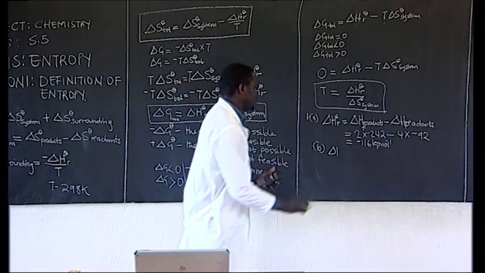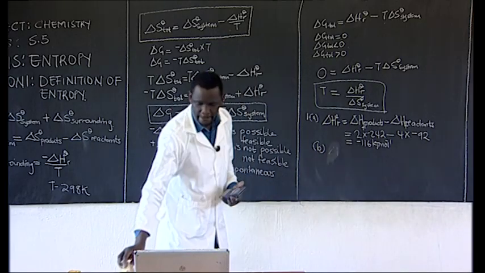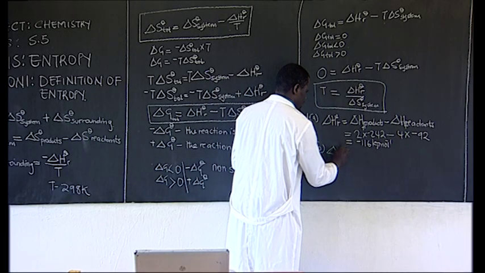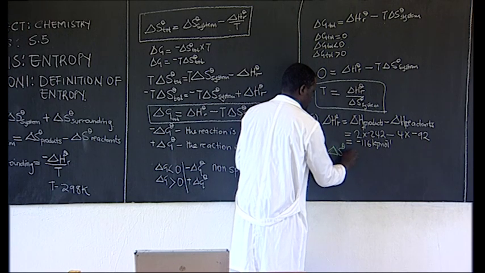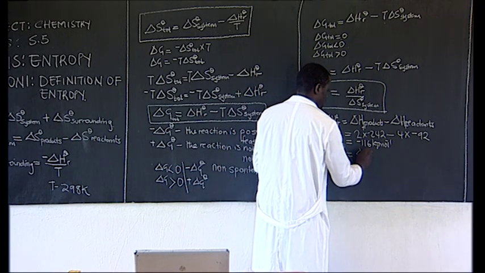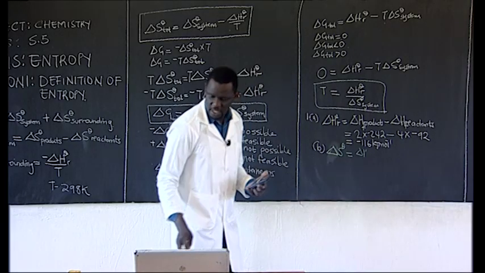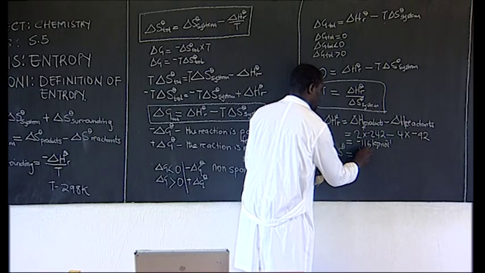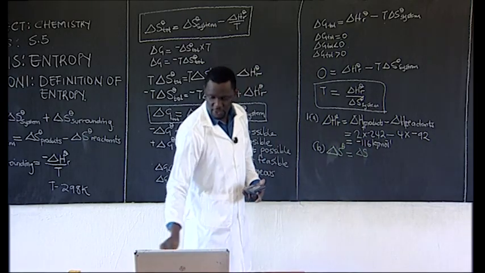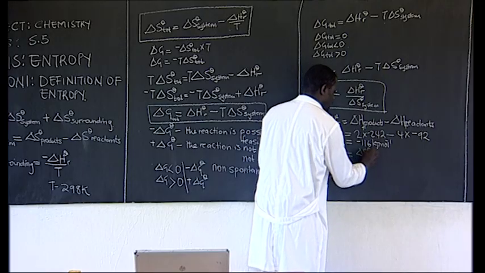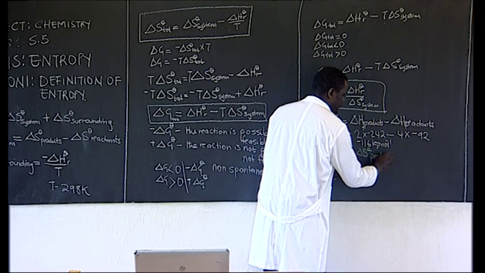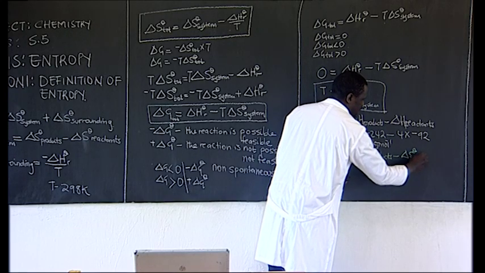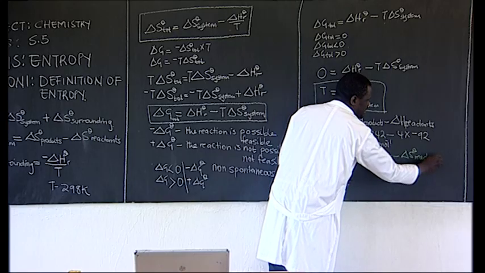The entropy change for the system will equal the change in entropy for products, minus the change in entropy for reactants.